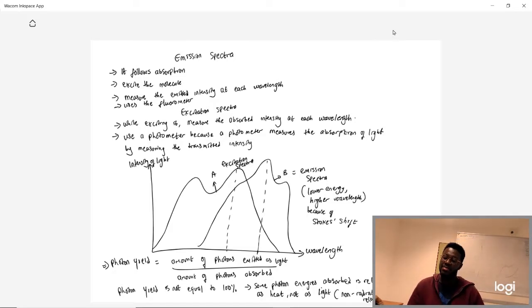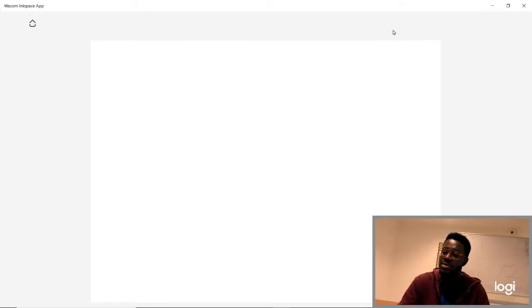What are the different types of non-radiative relaxations we have? Internal conversion, yes, and intersystem crossing is also a non-radiative relaxation.